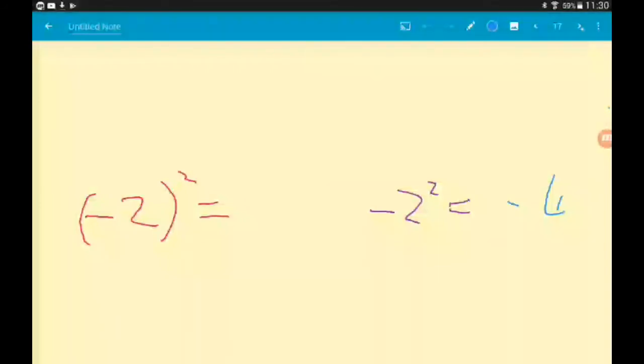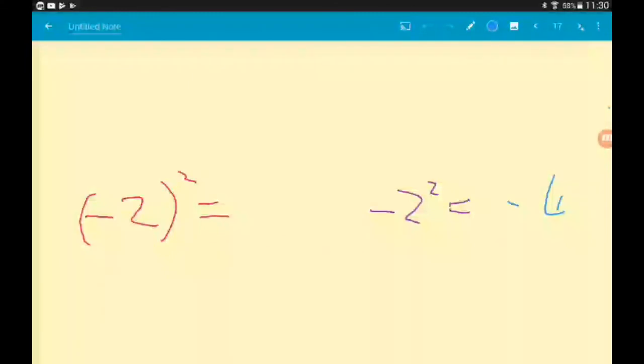Well, it's because your calculator is being a good mathematician. It's doing BIDMAS. What this is doing, if you don't put brackets in, is taking care of the power, or the index, first of all. So what your calculator is doing here is 2 squared first.